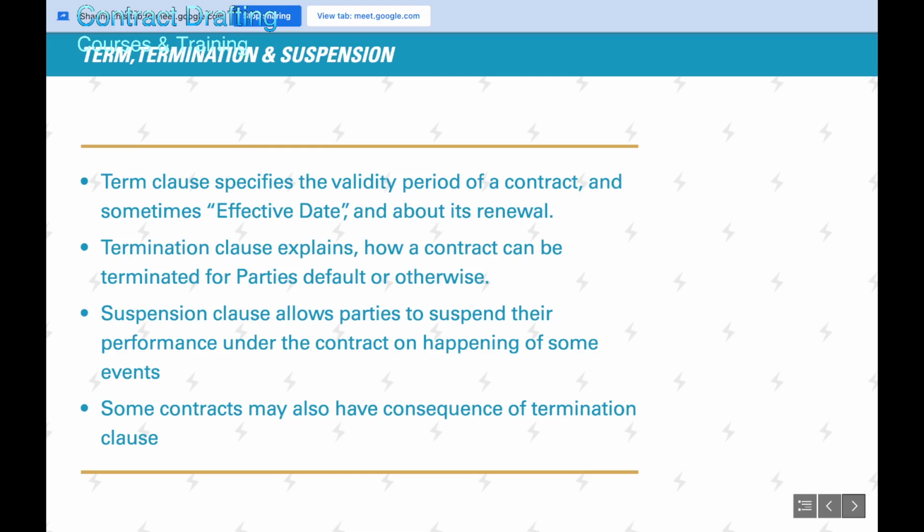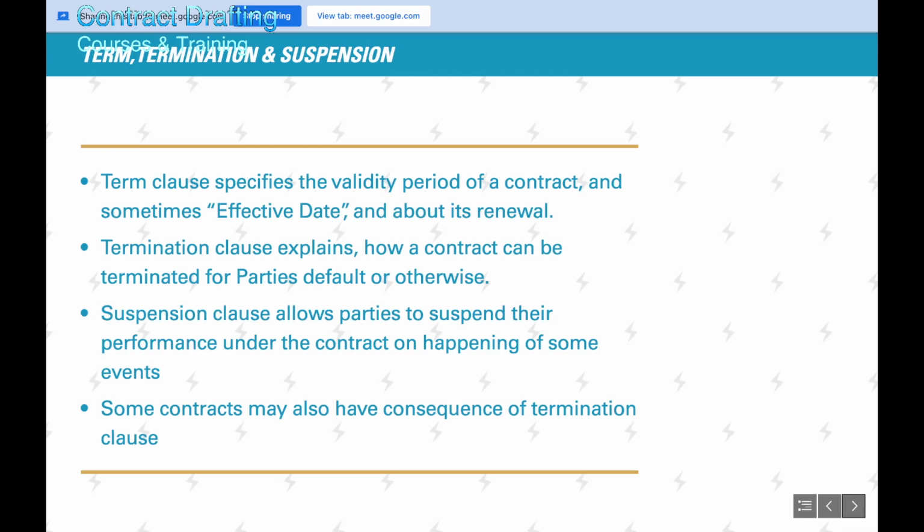Termination clause may have different types of termination. One is termination for convenience, which is by simple notice, a written notice, without giving any reasons and without incurring any losses, costs, damages because of those termination. Then there can be termination for a material breach.